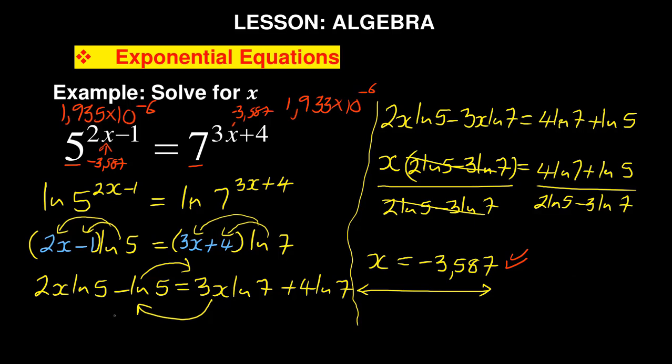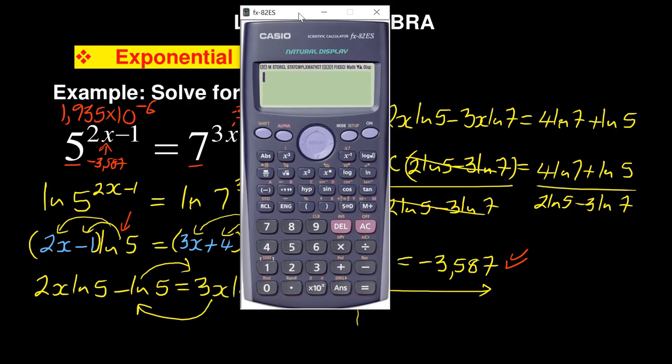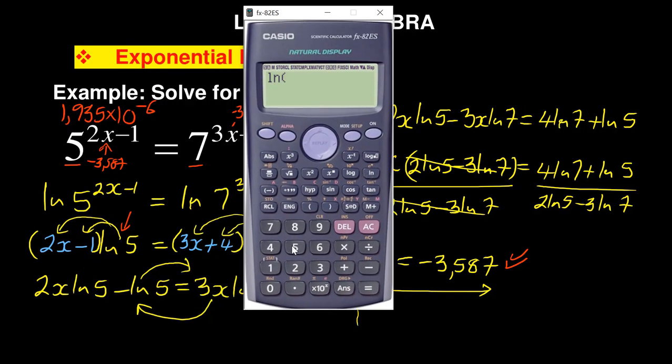Some people, in this case, prefer to convert ln 5 from this point. They find the value of ln 5, which they say is 1,609.